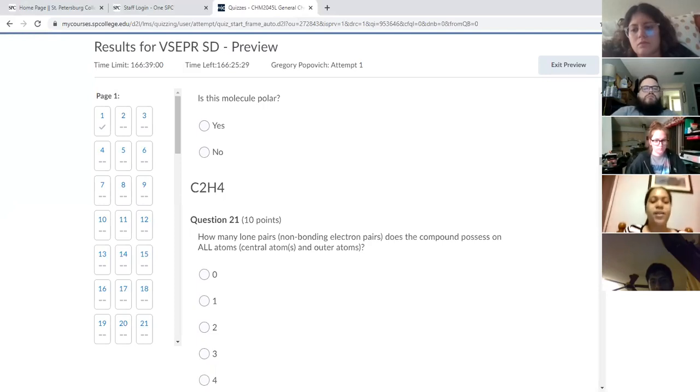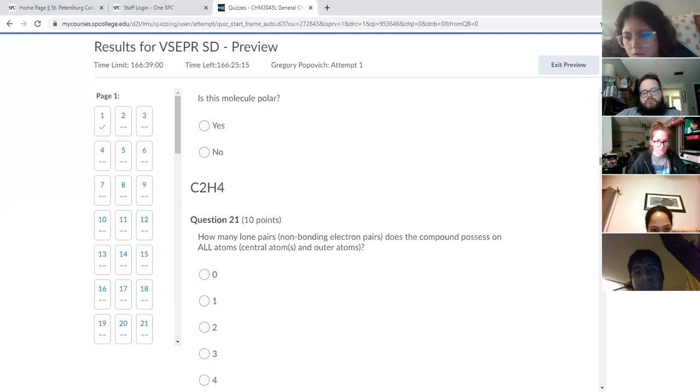What he's saying is if it asks you how many lone pairs, if you had 4 dots, that would be 2 pairs. This is a particularly bad example because, do you see the drawing? Yeah. There are no lone pairs. So it's a bad example.